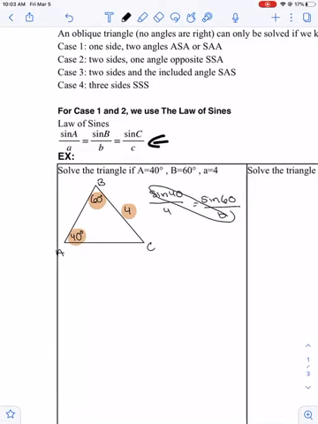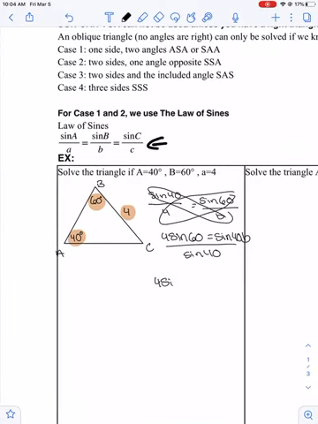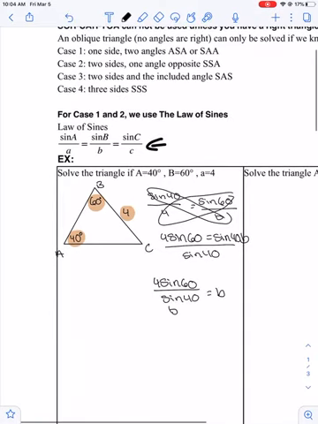Now I can cross multiply and get 4 sine 60 equals sine 40 b. Divide by sine 40 and I get 4 sine 60 divided by sine 40 equals b. When you plug this into your calculator, you get b equals 5.39.